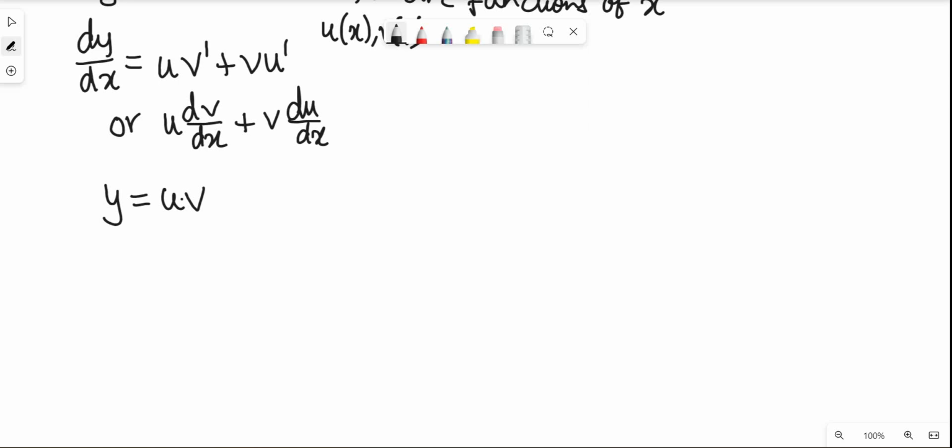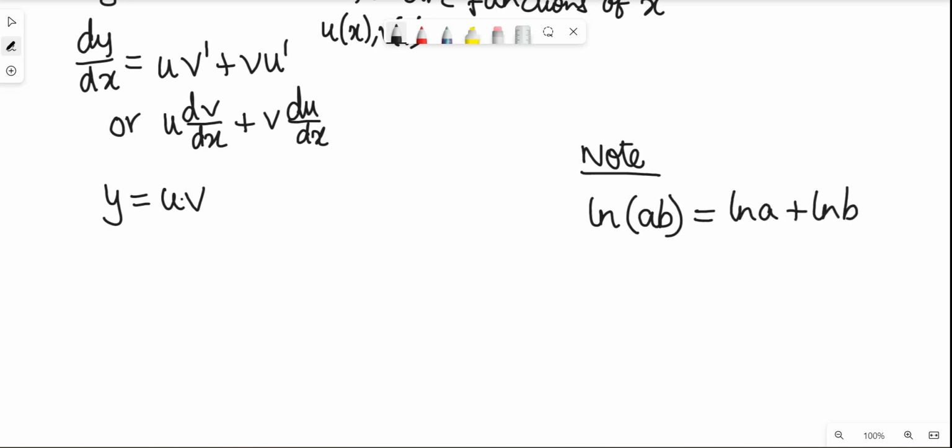So now we remember there's a function called the natural log. ln of any multiplication ab is ln of a plus ln of b. This is one of the key rules in logarithms, and we're going to use this by taking the ln of both sides.